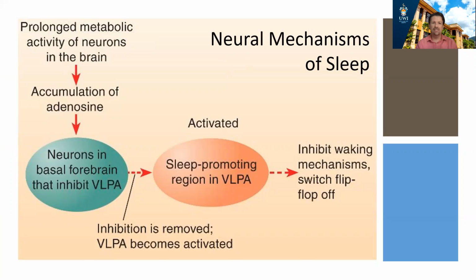Now, adenosine is a byproduct of actively metabolic neurons. When neurons are actively metabolizing and producing energy, adenosine accumulates. So the theory goes that the accumulation of adenosine throughout the day eventually leads to enough adenosine to inhibit these neurons in the basal forebrain that inhibit the VLPA.